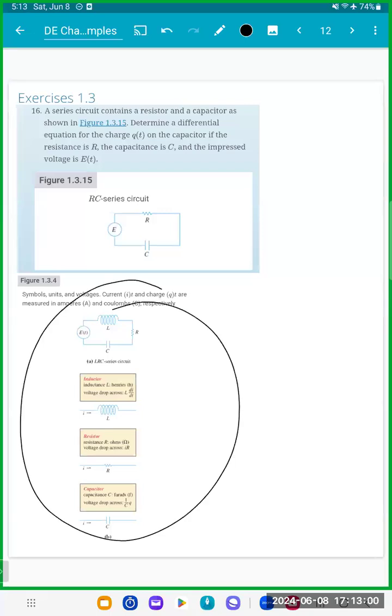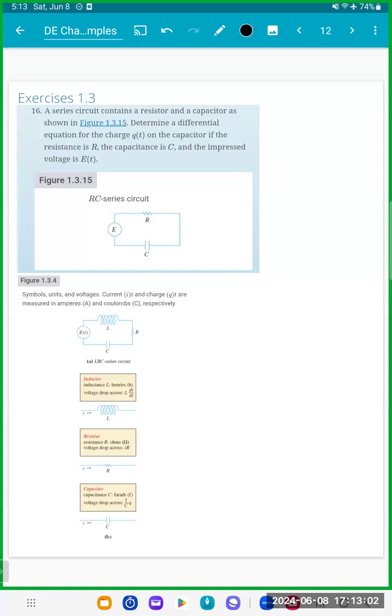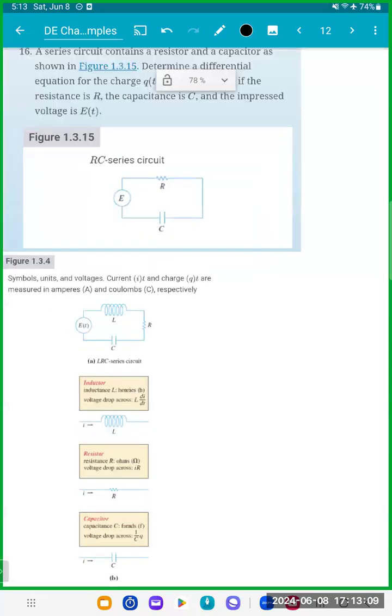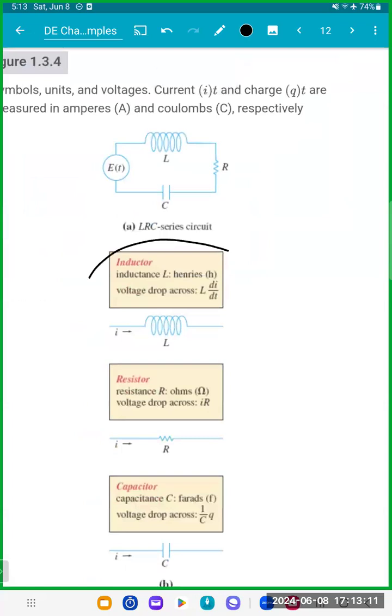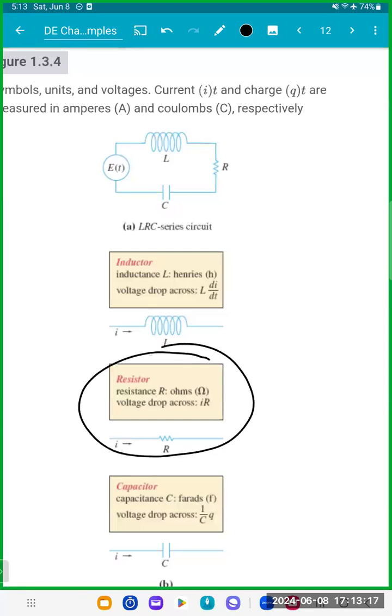This right here is just a copy and paste from your textbook. I just took a screenshot of it so I could share it here, mostly so you can see the inductor. It gives us what our equations are, our resistor, and our capacitor.